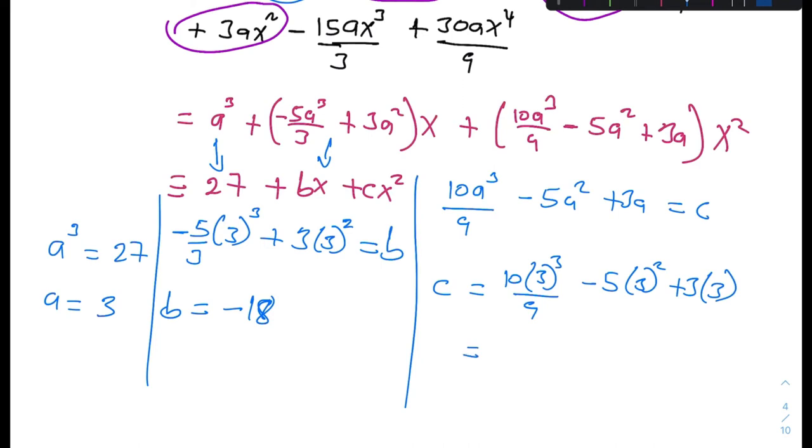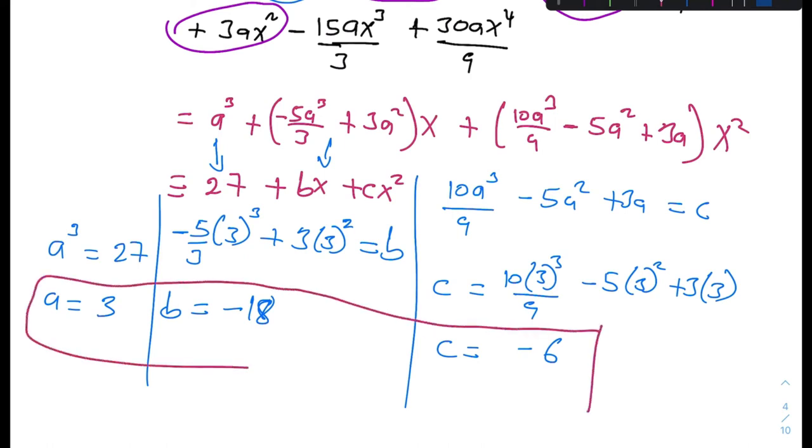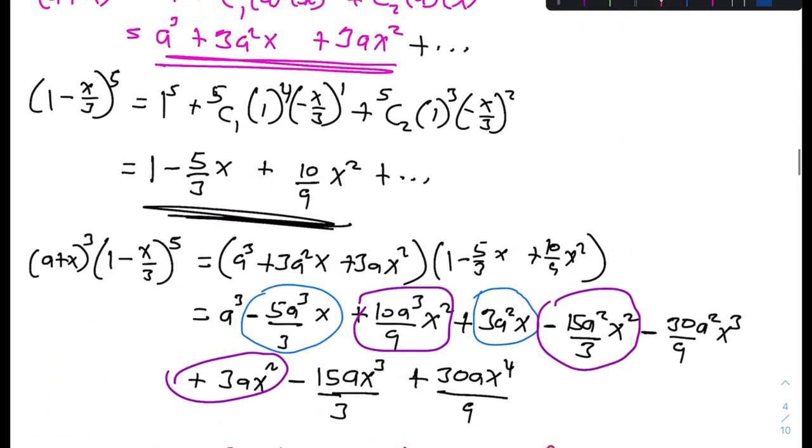Just dump the whole thing on the calculator, and that is going to give us negative 6. So these are our values of a, b, and c.